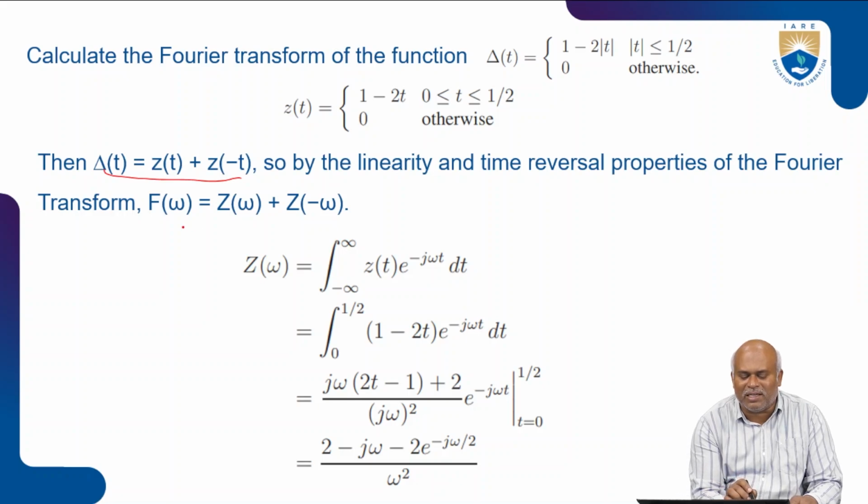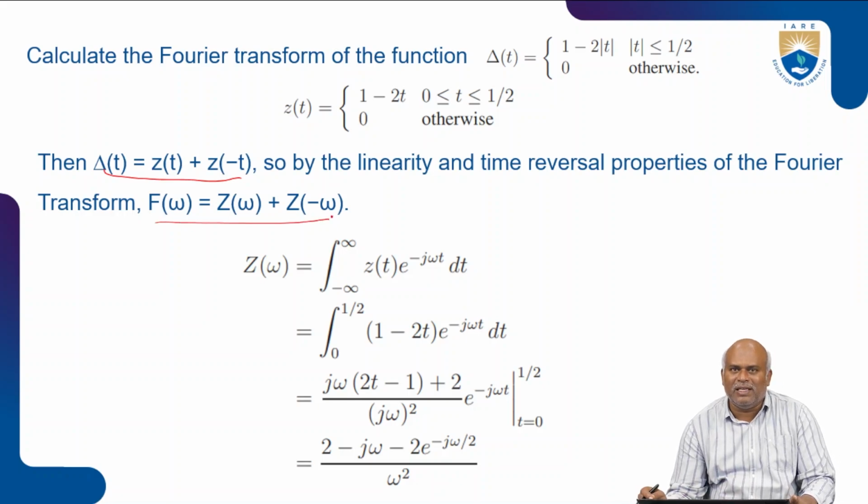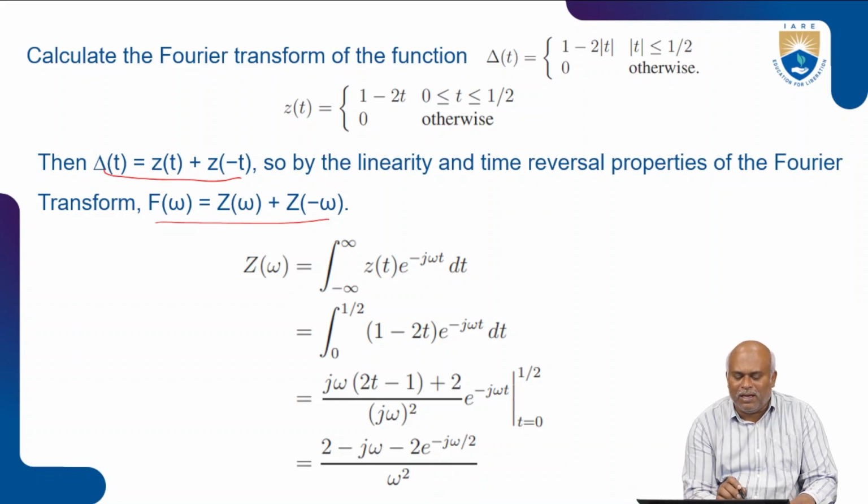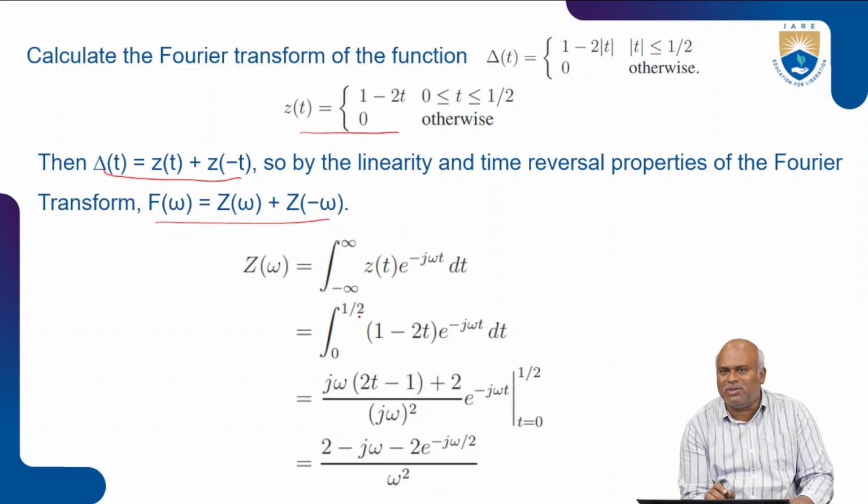If we take the Fourier transform, we get F of omega equal to Z of omega plus Z of minus omega. Now Z of omega is represented as the integral of z of t e power minus j omega t. We substitute z of t here, then substitute the interval.